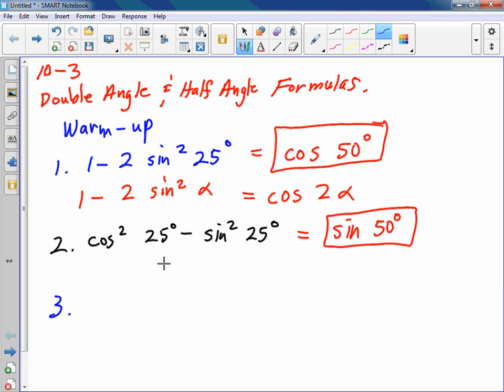So, what about this one? Kind of our continuing theme here. Square root of 1 minus cosine of 100, divided by 2. Ooh, this one's looking scary.